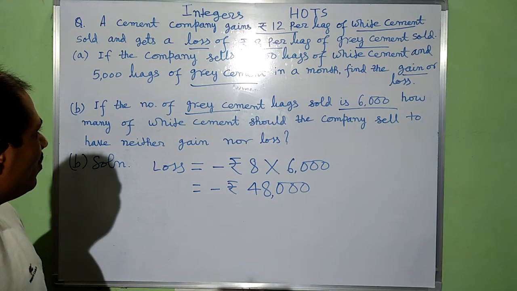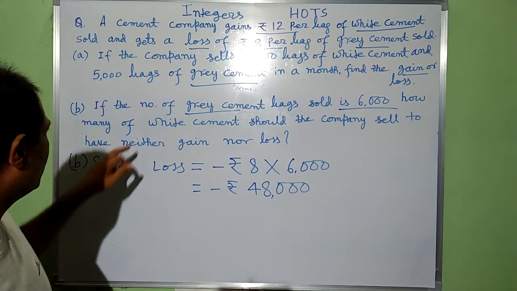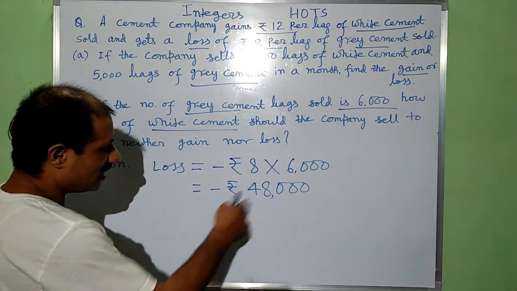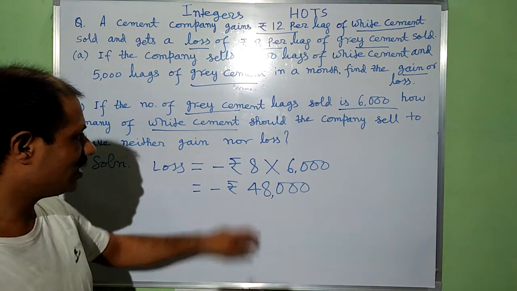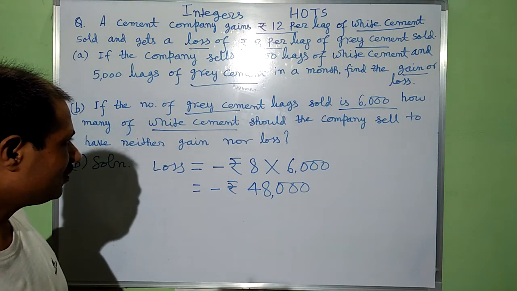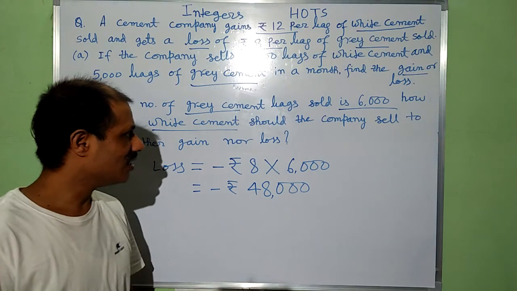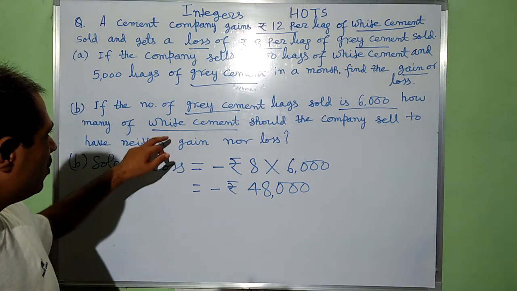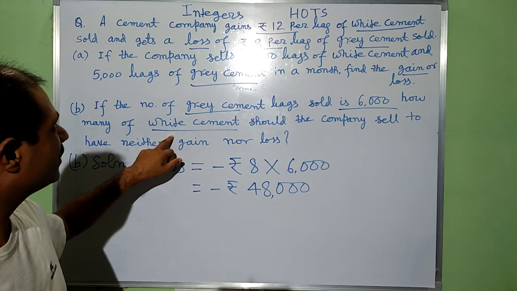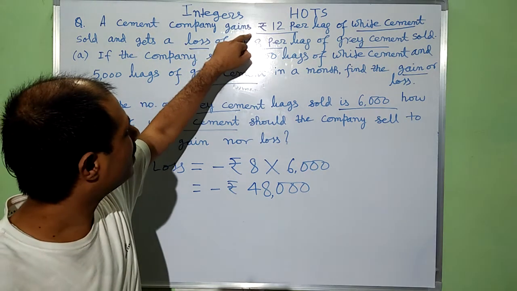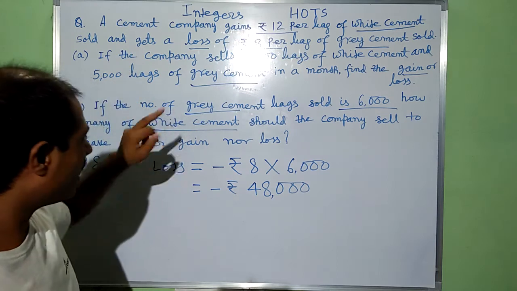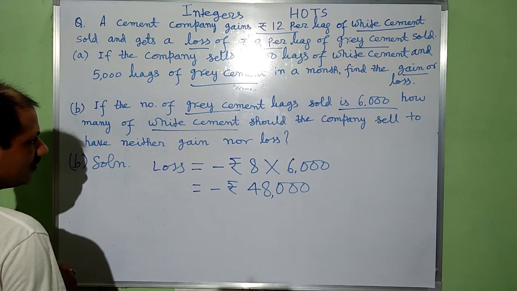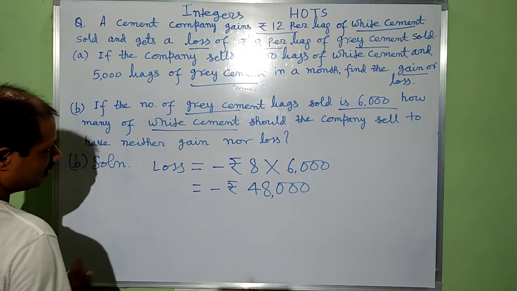Now we have to sell white cement bags so that we have a gain of rupees 48,000 to compensate it. Then we have neither gain nor loss. As we know, on a white cement bag there is rupees 12 profit or gain on one bag.